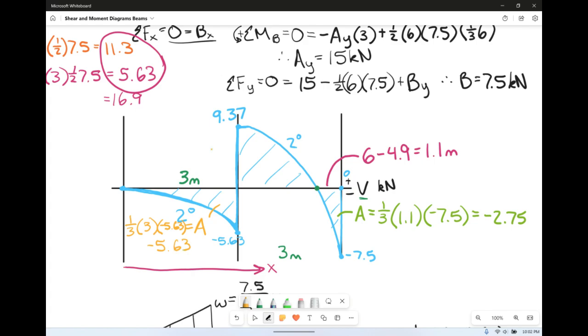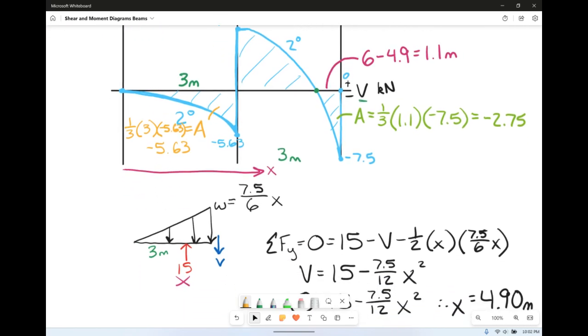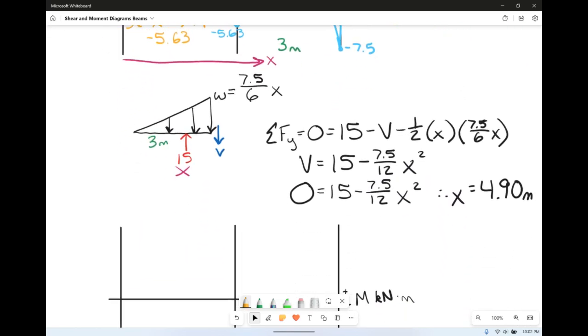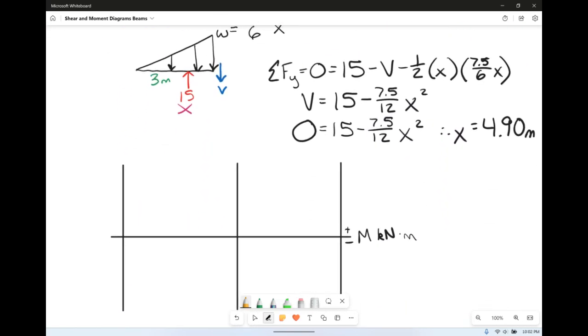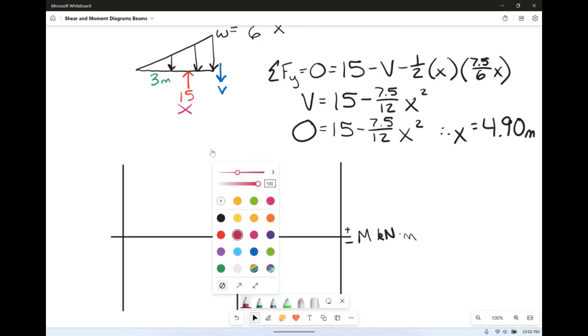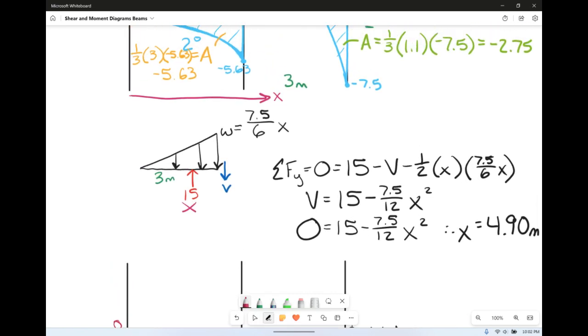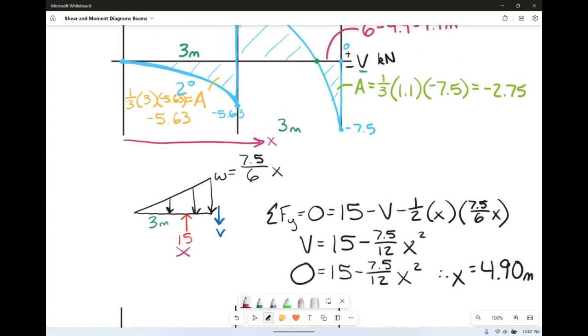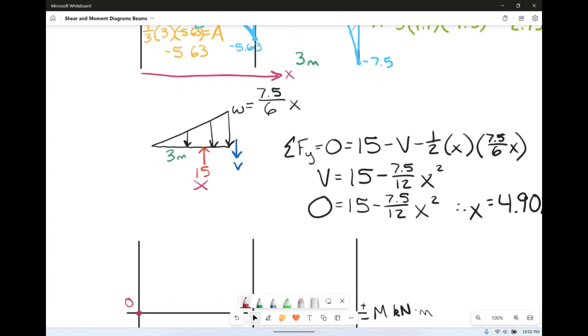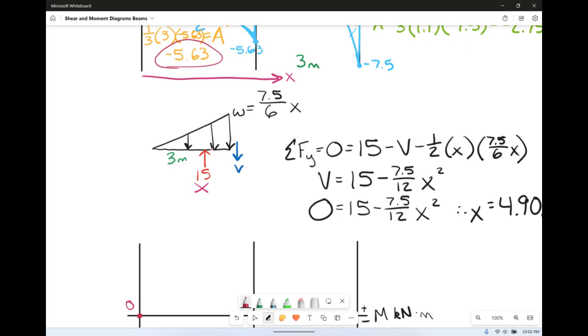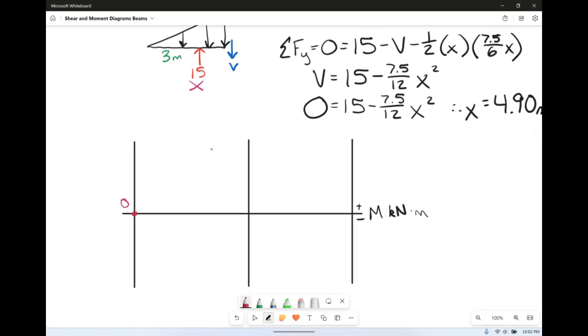So we found the areas, and now we need to turn that into our moment diagram. We start at 0, and since the area is negative, we're going to go down to negative 5.63.